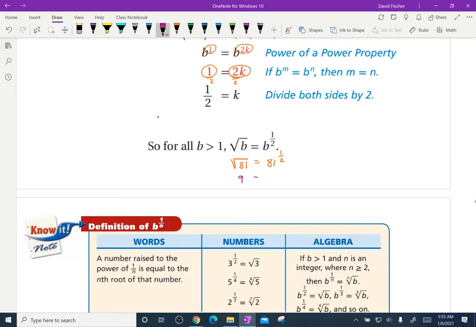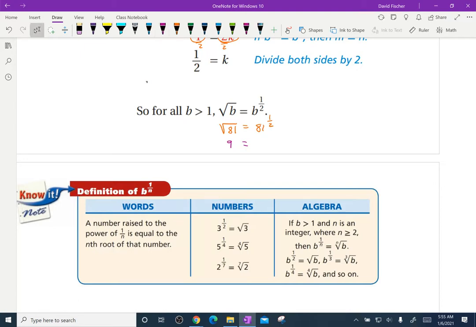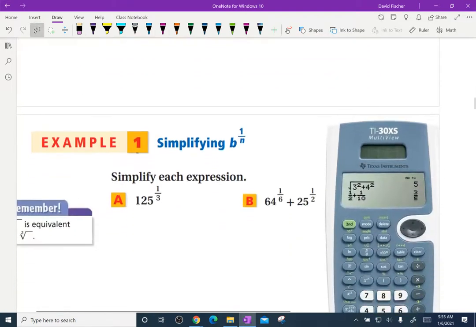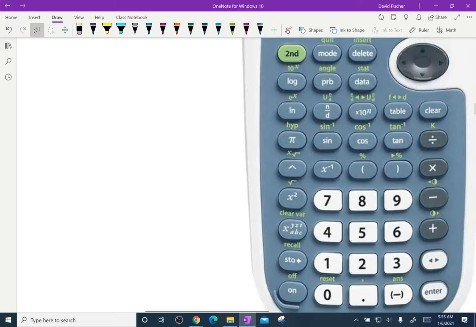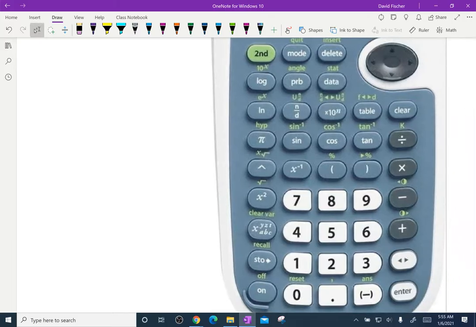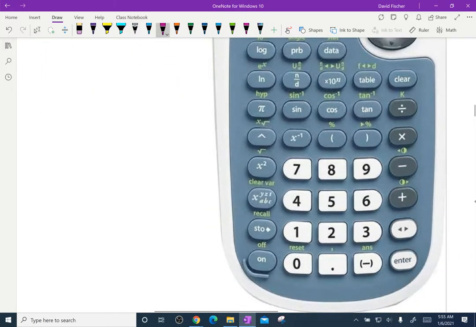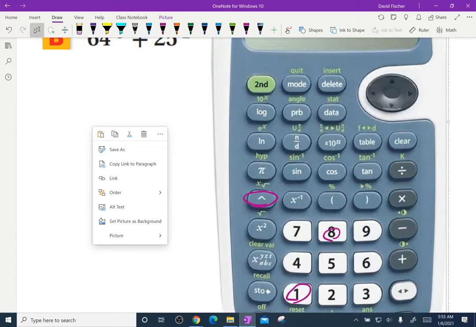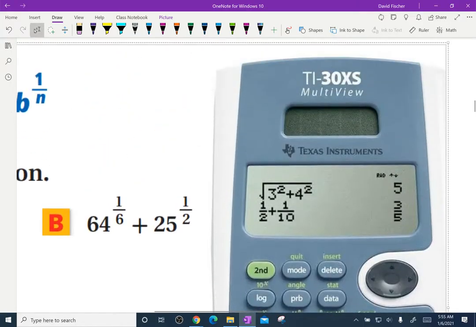Now let's go over to our calculator and let's do 81. On my calculator, I'm just going to type in 81, and then I will use my exponent button. I will say my exponent is 1 divided by 2, because that's what my fraction is.